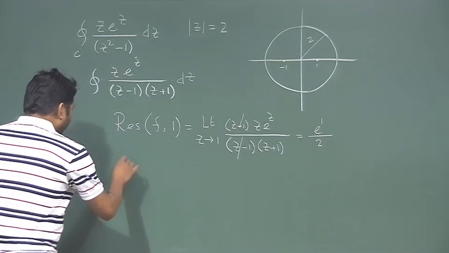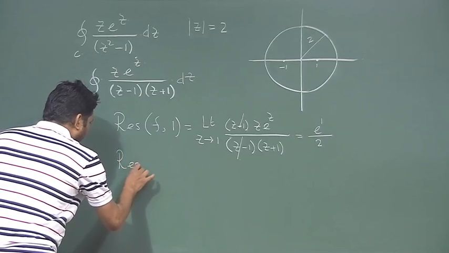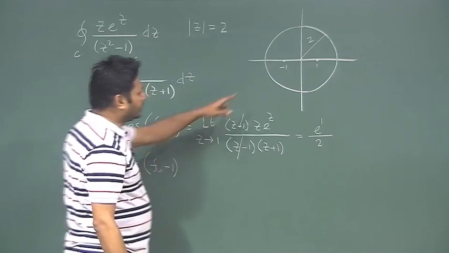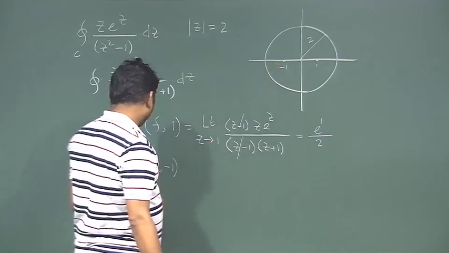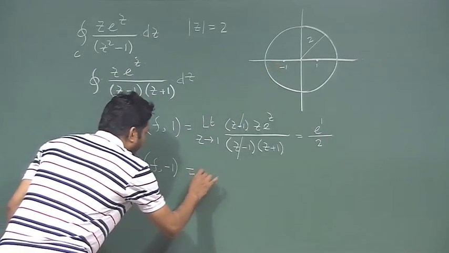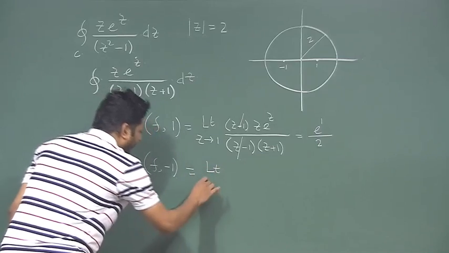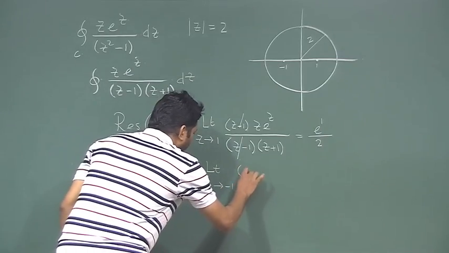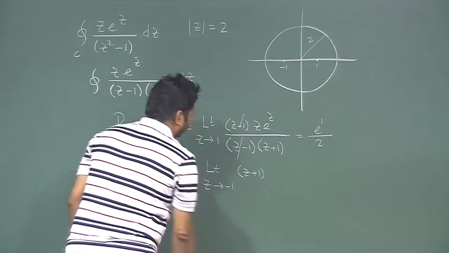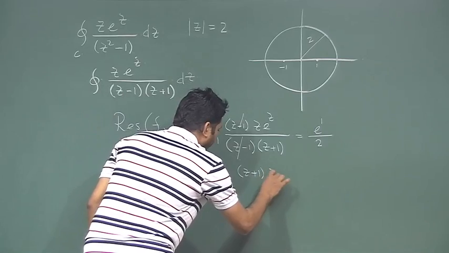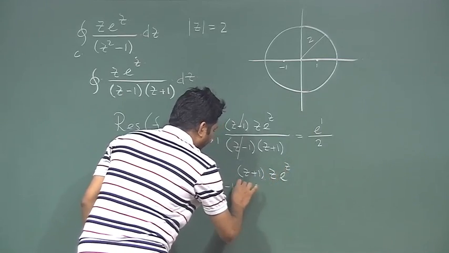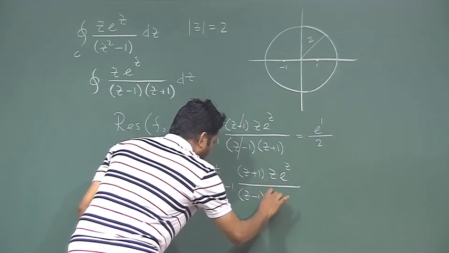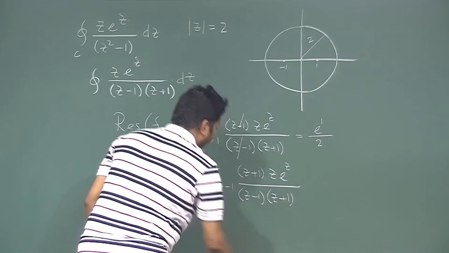Now, I need to calculate the residue of f at the point minus 1, because minus 1 is also inside the circle. So, as z tends to minus 1, I multiply by z plus 1 times z e to the power of z divided by z minus 1, z plus 1.